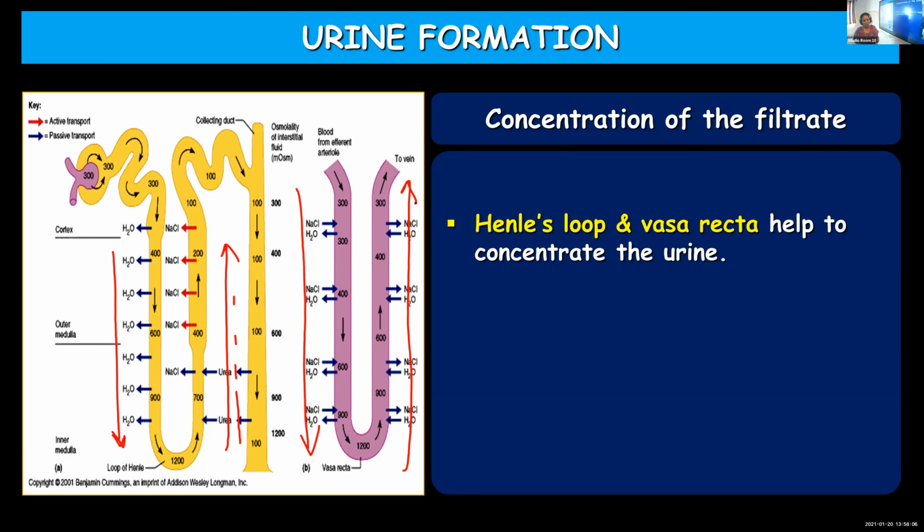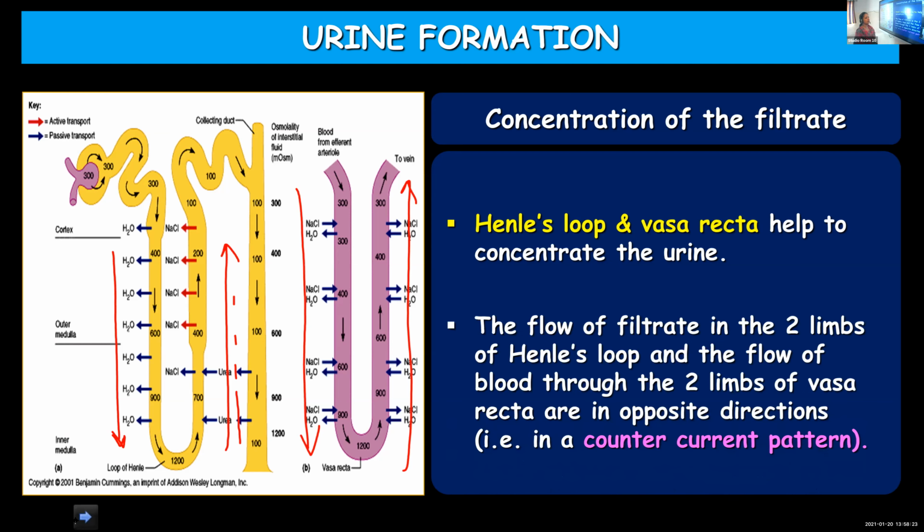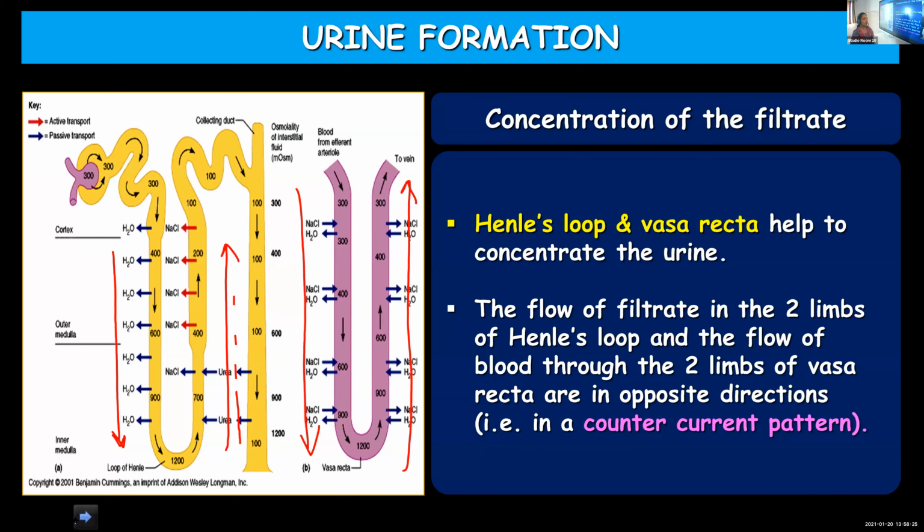And in vasa recta also the same process can be seen, but there it is blood. And vasa recta and Henle's loop are running parallel to each other. If you take these two tubes also, the flow is in the opposite direction. So this countercurrent mechanism helps in concentrating the urine.